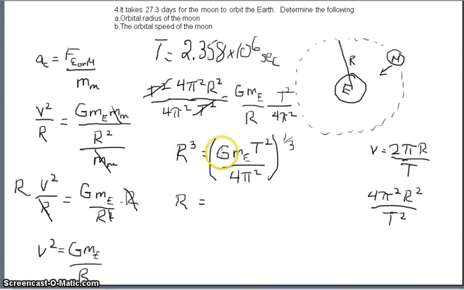Okay, if you then multiply by the mass of the Earth by G and divide by 4 pi squared, you should get 3.82 times 10 to the 8th meters. Okay, and that's the orbital radius of the moon.